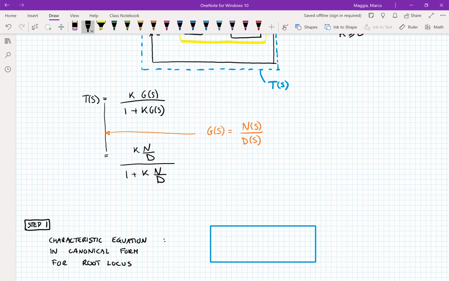Okay, so let's start with the steps. We're going to have 10 steps for the drawing of the root locus. I came up with 10 because it's a round number, easy to remember, but sometimes you can find, I don't remember how many steps the book has, probably fewer, but you can also have 2 steps in one, or divide 1 step in 2 or 3.